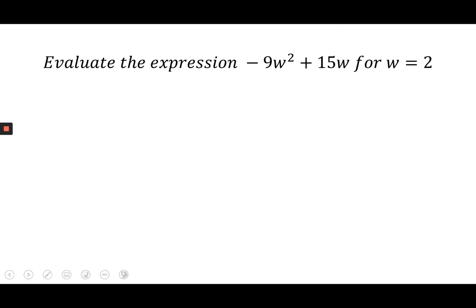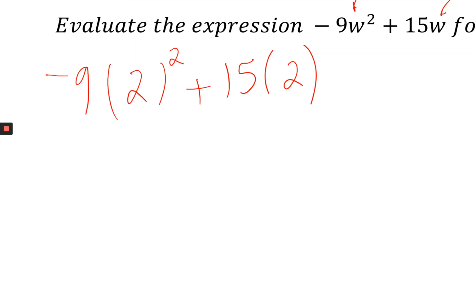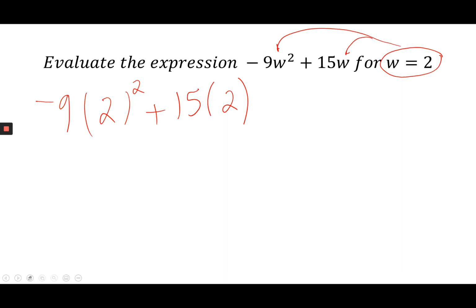Evaluate the expression negative 9w squared plus 15w for w equals 2. Again, we just need to plug it in. Hopefully, you pause the video frequently and challenge yourself first. Plus 15 times, instead of w, I'm going to write 2. We all know that we just need to square. 2 squared is 2 times 2, which is 4.